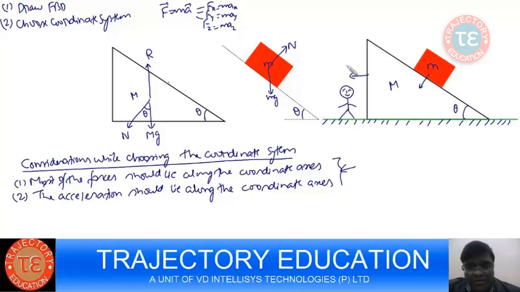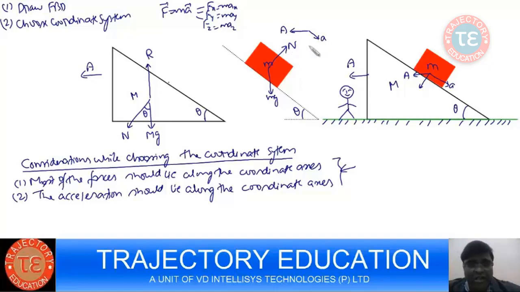He will see the wedge moving in the backward direction with, say, the acceleration capital A. Along with the wedge, this block moves with A in the backward direction, and this block also moves with respect to the wedge with an acceleration small a.